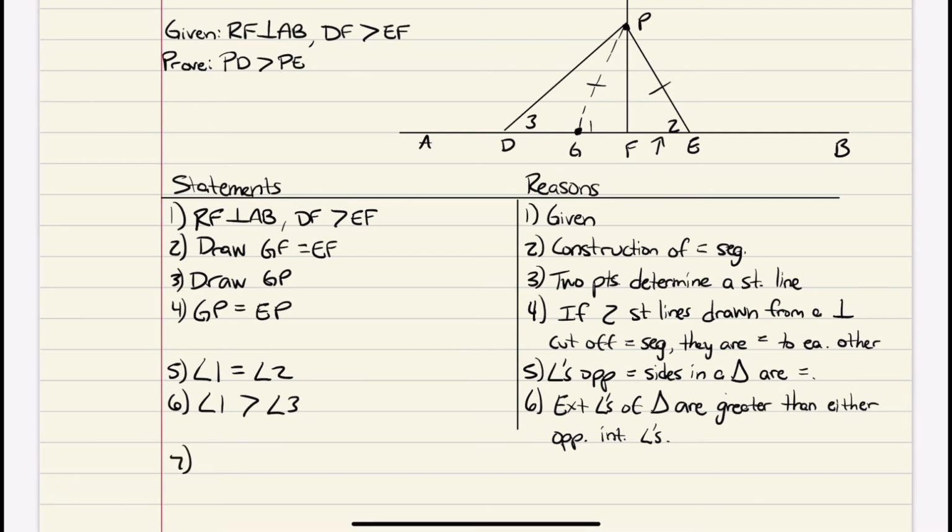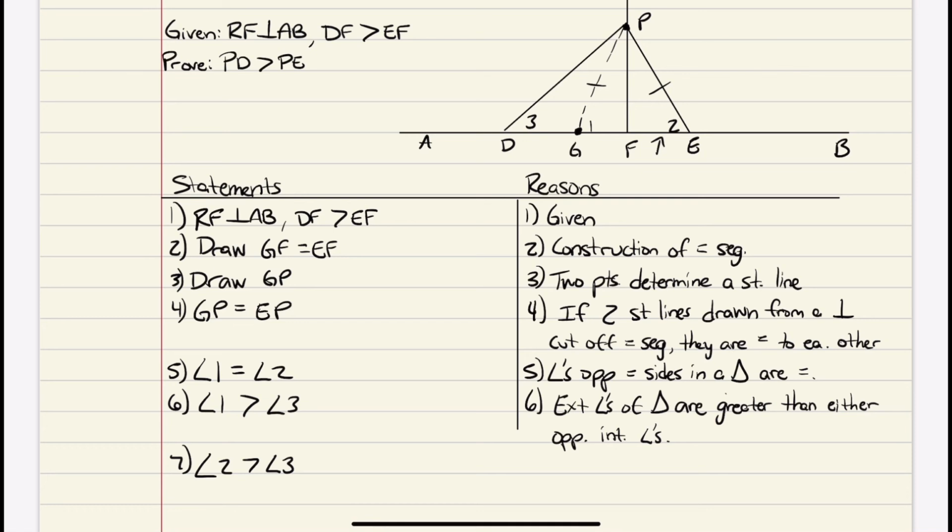Number 7, we could also now say that angle 3, what did I just say? Angle 1 is greater than angle 3. I'll turn it around. Angle 2 is greater than angle 3. So I just said that angle 2 is greater than angle 3.